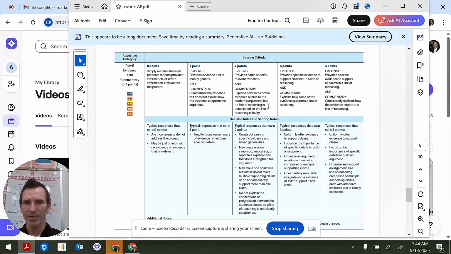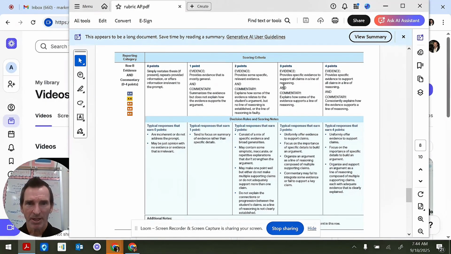So, how strong is the line of reasoning? Or is the line of reasoning a little bit faulty? Maybe you said artifice is the most essential skill, but then you had some contradictions in the body of your essay. So you want to make sure that you don't contradict yourself.